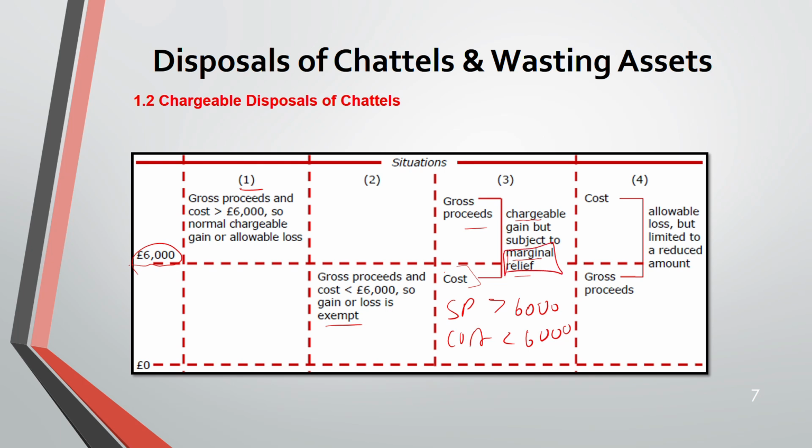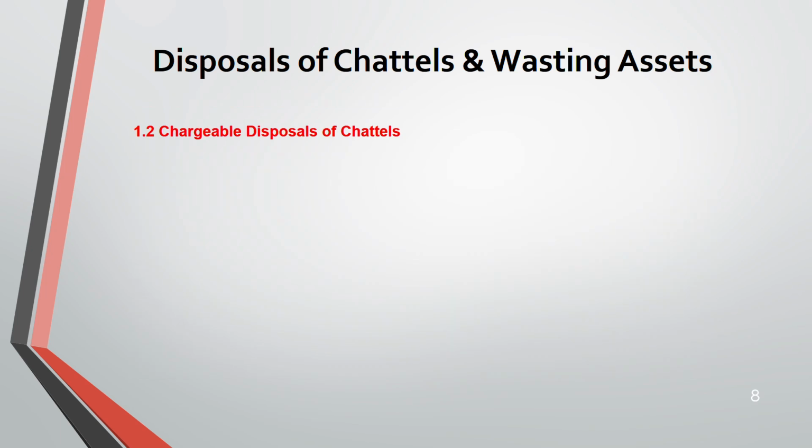This was not there in situation 1 or situation 2. Coming to situation 4, the last situation. Now you see it's the other way around. Your cost is greater than 6,000. Sale proceeds are less than 6,000. If this happens, you can see it's a loss, an allowable loss, but this loss is limited to a reduced amount. Okay, so we shall see that when we do questions.